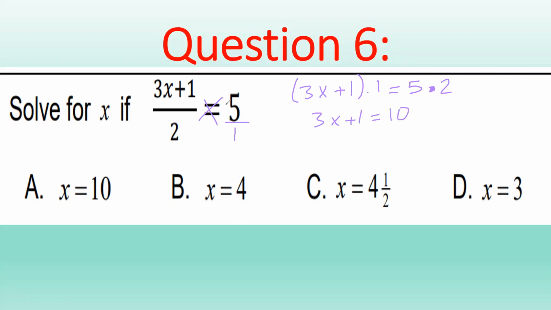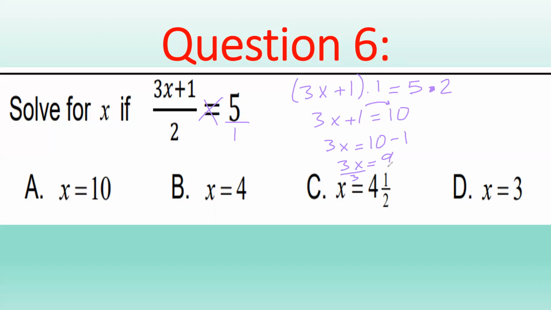The other option, if you have a divide here, the 2 goes to the other side, just times. 5 times 2, or cross multiplication. And then 1 goes to the other side. 3x equals 10 minus 1. Or some people say minus 1 on both sides, but it's fine. And 3x equals 9. I hope everything is fine so far.